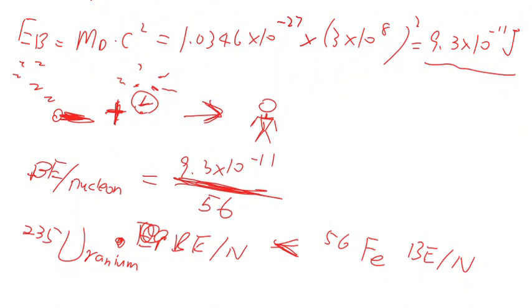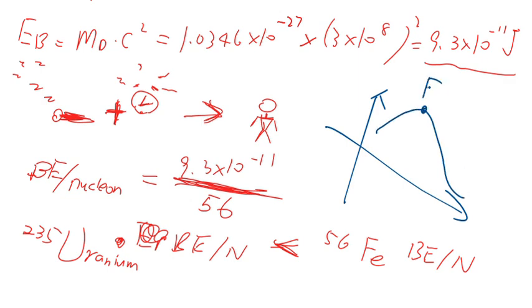So in that curve, yeah, let's use another color to draw the curve. For this curve, it's going to be something like this. This is going to be your Fe, iron, and this is uranium.